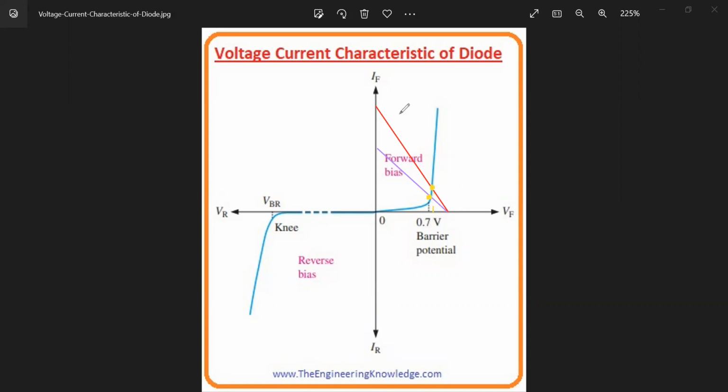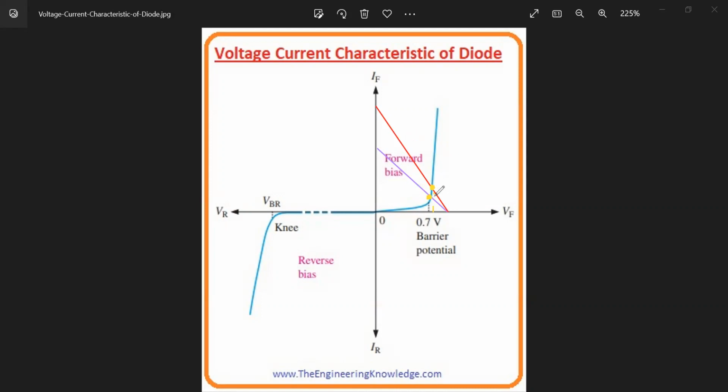So that's the thing: the characteristic graph won't change with the circuit. It's a fixed one. The diode can only work in that region. But the DC load line graph can change, and always remember, it doesn't mean the diode is going to work along the whole line.